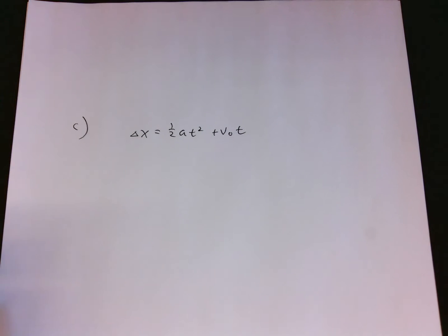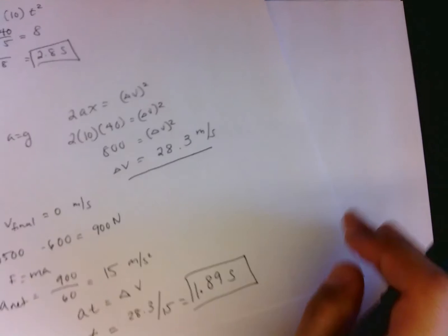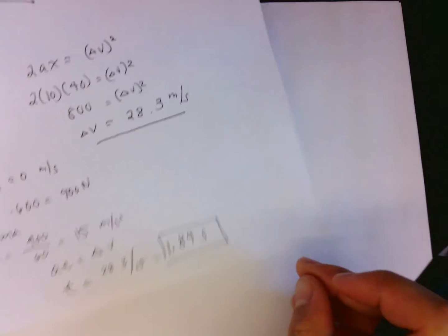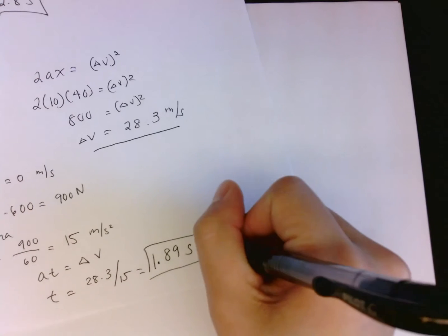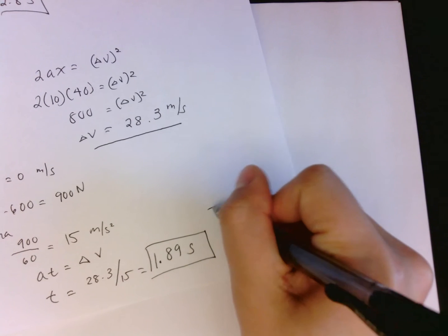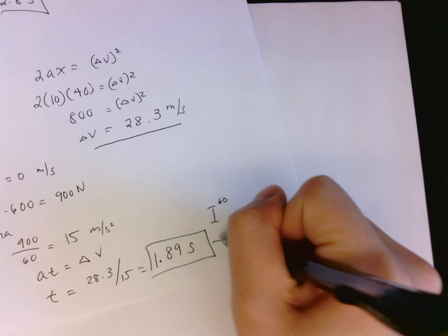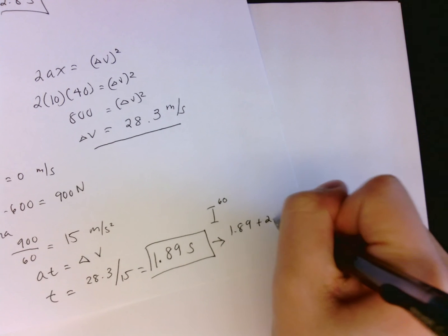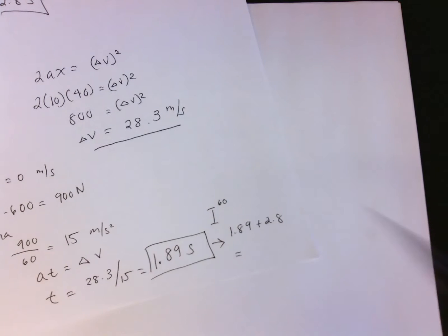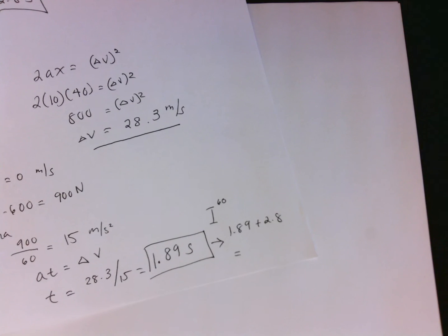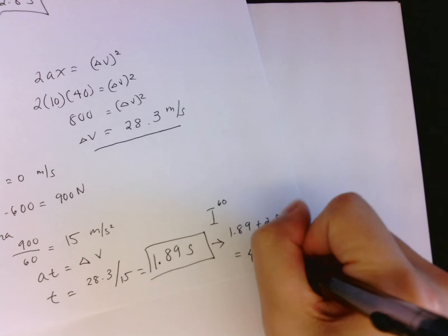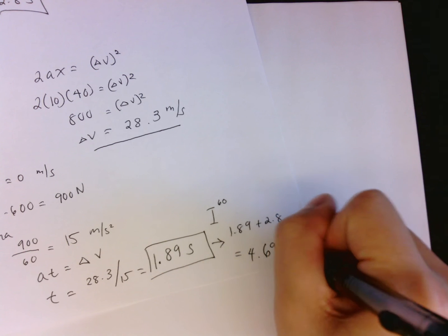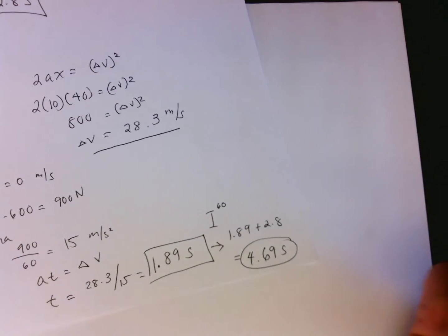Just to return to part B, t is equal to 1.89, meaning that's the time it takes between 60 meters and final. If we want the total time, it's going to be 1.89 plus 2.8, because that's what we had before. So the total time would actually be 4.69 seconds. Sorry for the clarification.